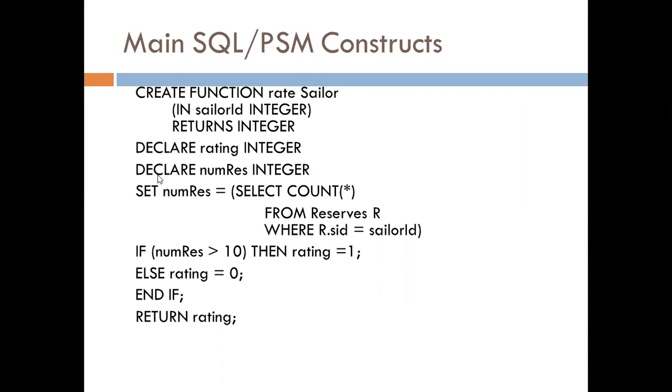Declare rating, declare number results integer, set number results equal to one query. If this number is greater than 10 then rating is equal to 1, else rating is equal to 0, and return rating. So this is just a function syntax in PSM.